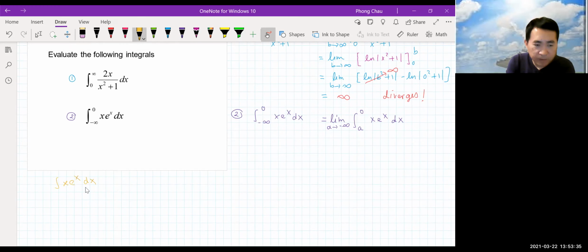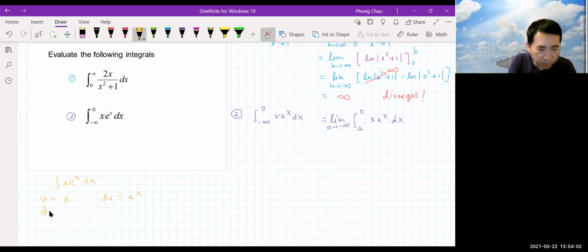Don't forget that this is a polynomial times an exponential function, so integration by parts works very well. Remember u dv: this is polynomial x, so u is going to be x, and the exponential is dv, that's e to the x.